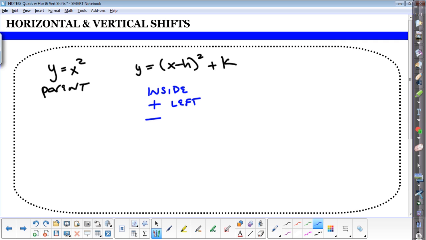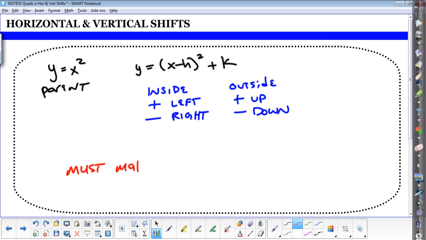If I subtract on the inside, I go to the right. If I'm on the outside, if I add on the outside, I go up. If I subtract on the outside, I go down. Same rules as absolute values. Okay. Then the key is we must make a table. Must make a table to finish the graph.